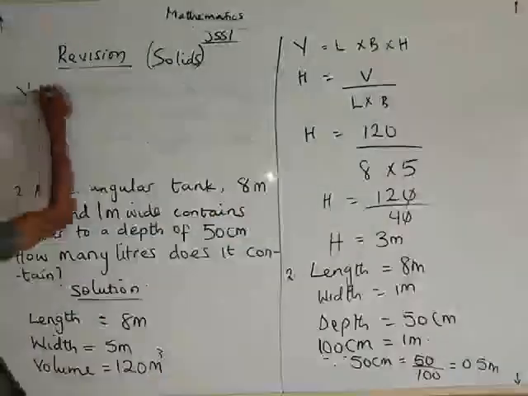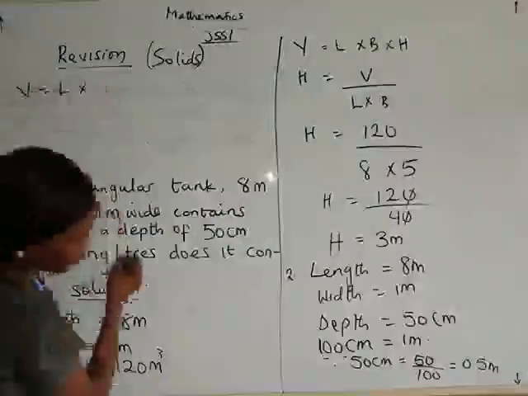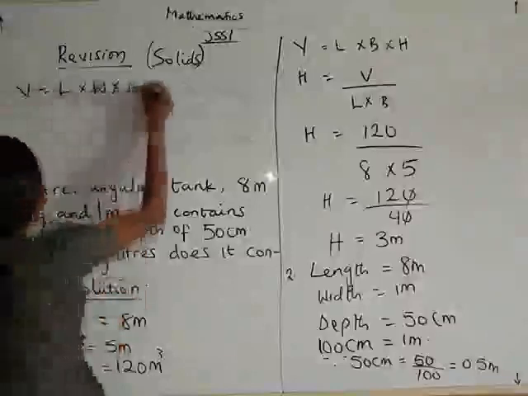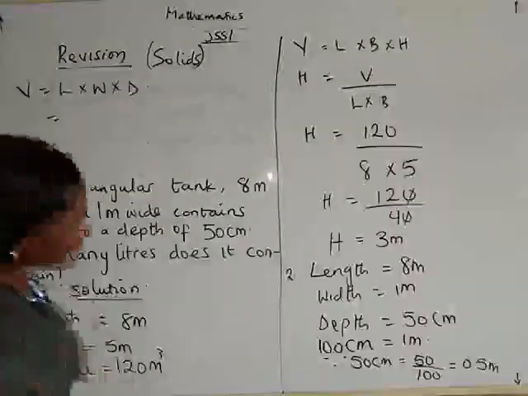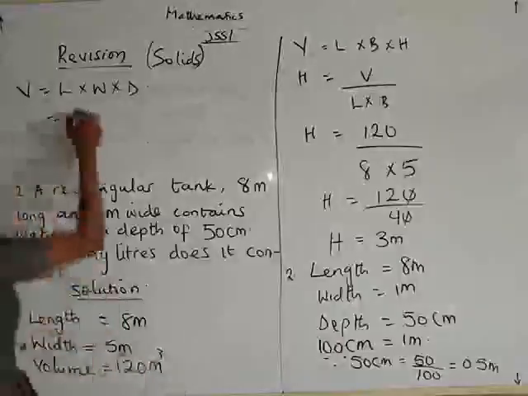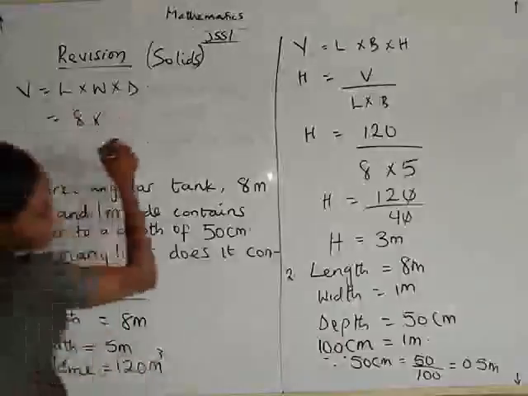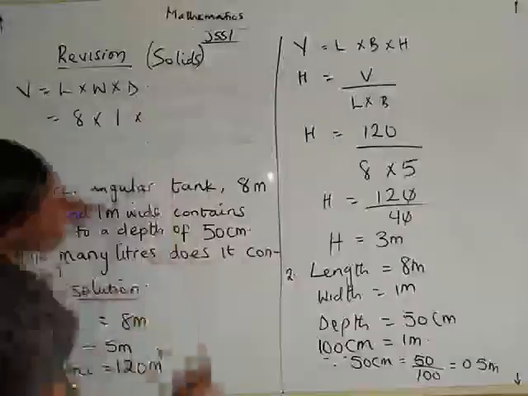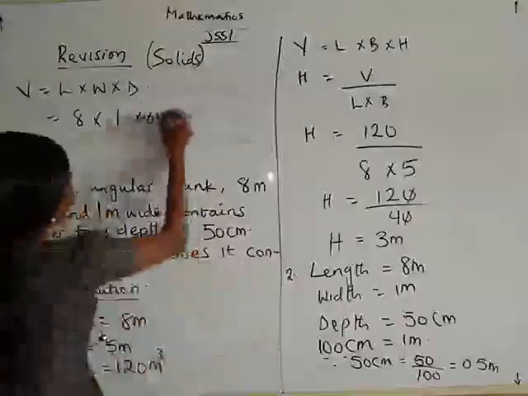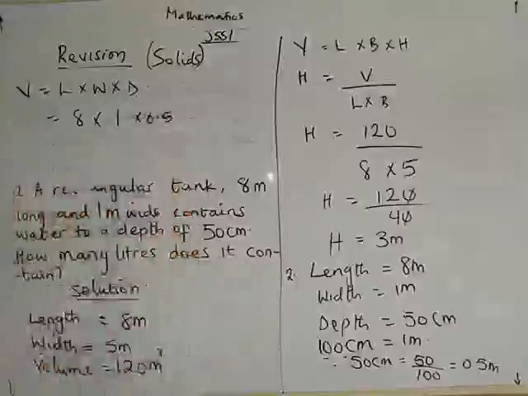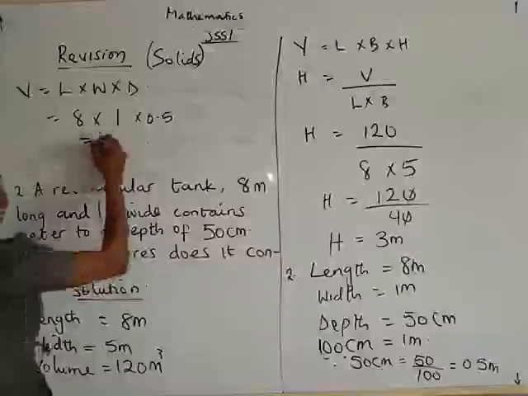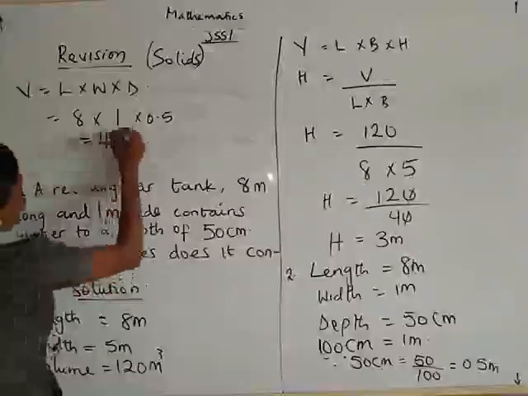The volume of the tank is equal to our length times our width times our depth. What is our length? 8 meters. What is our width? 1 meter. And what is our depth? 0.5 meters. If you calculate this correctly, you're going to get 4 meters cubed.